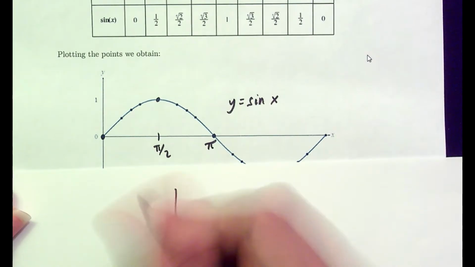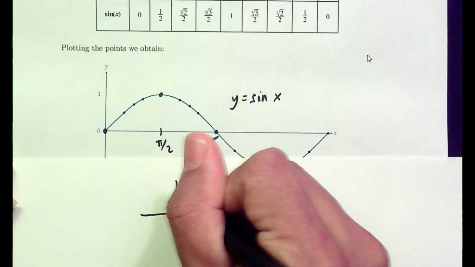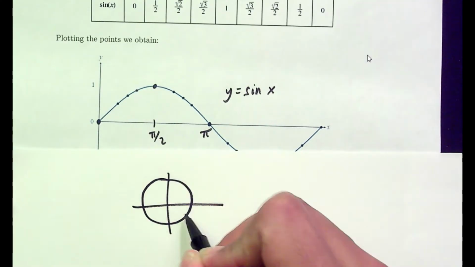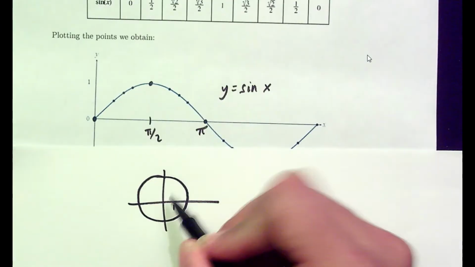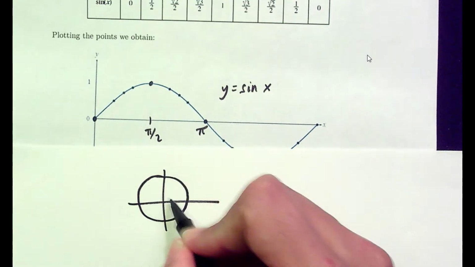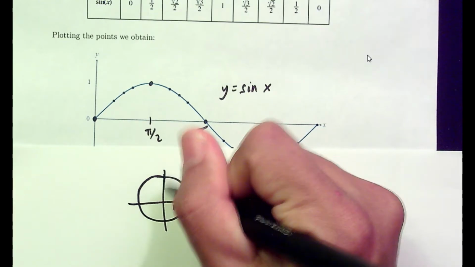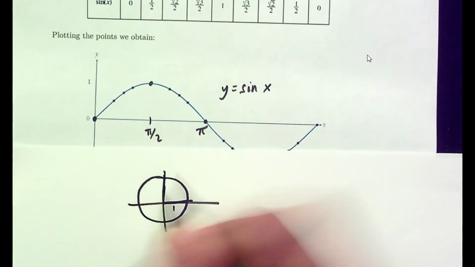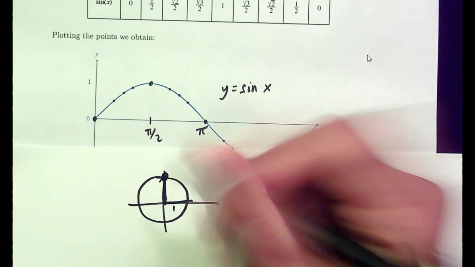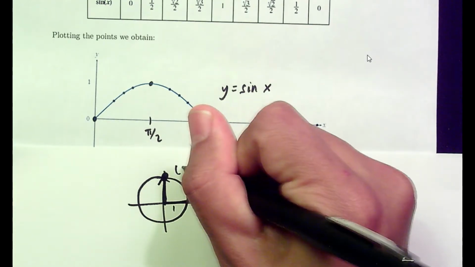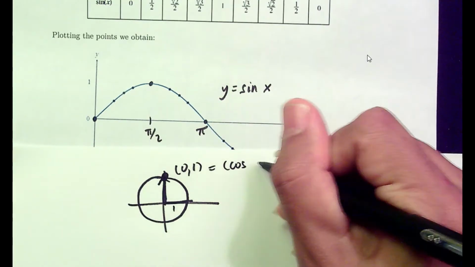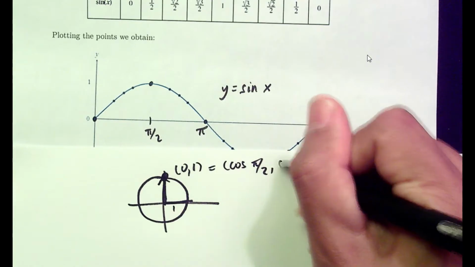If you remember from the unit circle, the cosine and the sine are the coordinates of the point on the unit circle that corresponds to the intersection of the unit circle and the terminal side. So for example, pi over 2 would be this angle right here. It's a 90-degree angle, and the coordinates of that point are 0, 1, where the first coordinate is the cosine and the second coordinate is the sine.